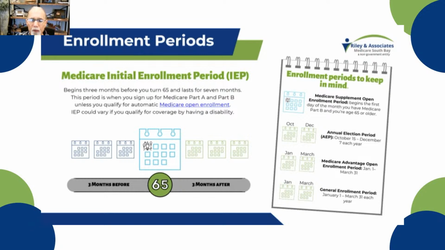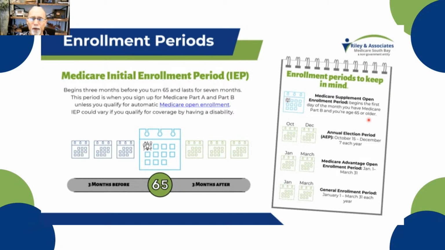So anyway, the next enrollment period to know about is what's called your supplemental or Medigap enrollment period, which is right here. And that's going to begin when your Part B goes effective. For those turning 65, it's going to be on the first day of your birthday month.